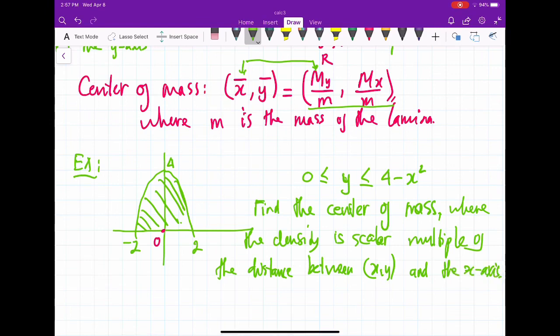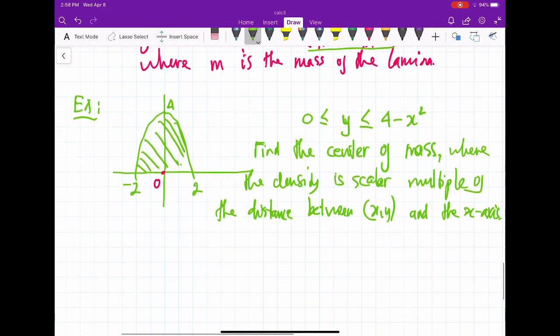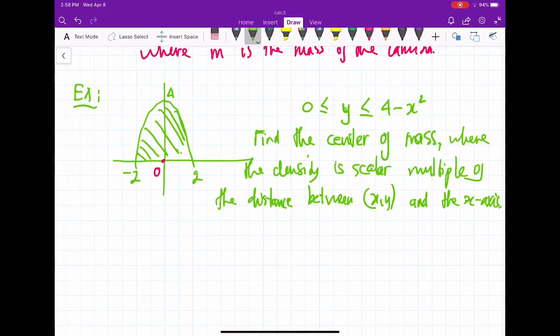I remember in one example, we saw that the density is a scalar multiple of the distance from that point to the origin. But in this case, that is a scalar multiple of the distance between that point and the x-axis.